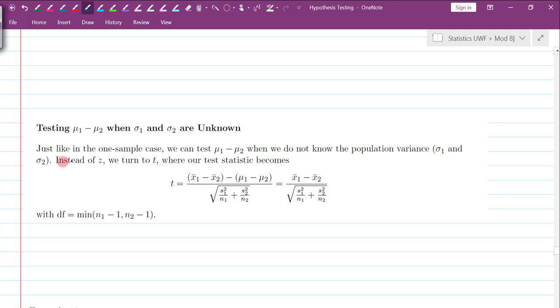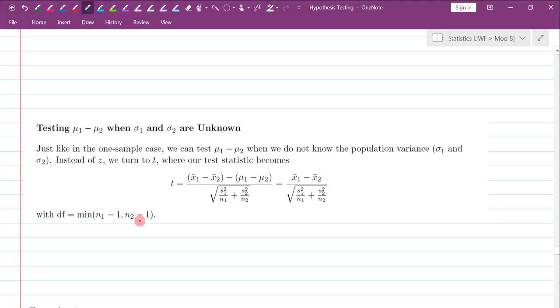Instead of z, we're going to turn to the t, and our test statistic becomes this right here, which, as you can recognize, is very similar to what we've been doing, except we have sample standard deviation, and we're going to let it be a t statistic. Our degrees of freedom is the smaller of the two, n1 minus 1 and n2 minus 1. So you're going to use the degrees of freedom for the smaller sample size.